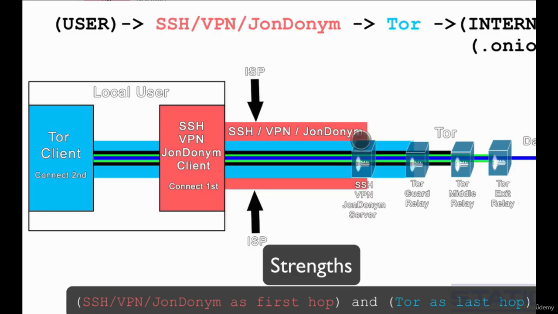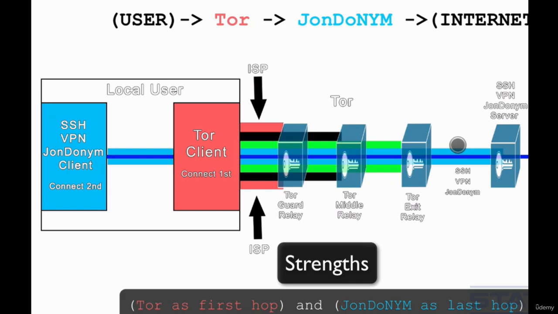In this process the user goes to TLS by the use of VPN, SSH, or Jondonym, and finally Tor, then internet .onion, with VPN as first hop here and Tor as last hop.